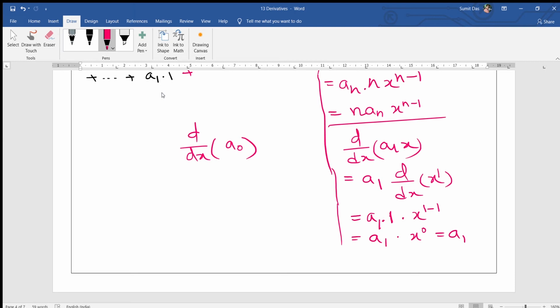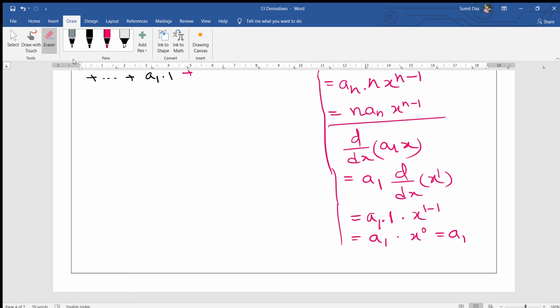The derivative of any constant will be 0. If there is no x, that means the derivative will be 0. Suppose x is multiplied, then we can take it common, but there is no x multiplied here. Am I clear? So the derivative of any constant will be 0.